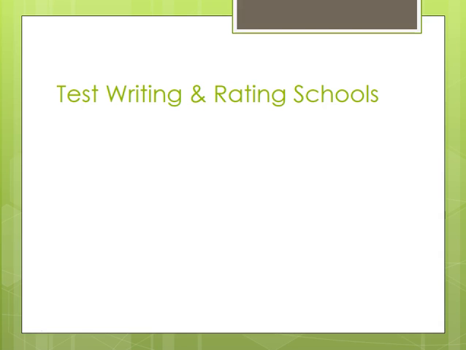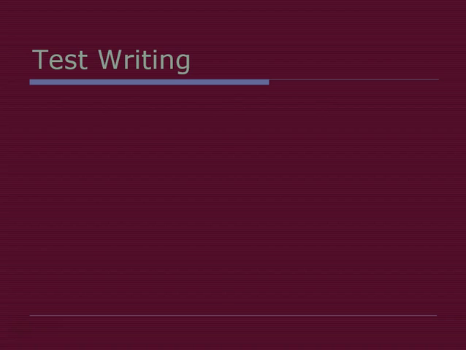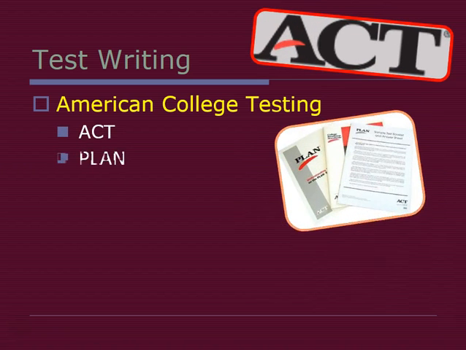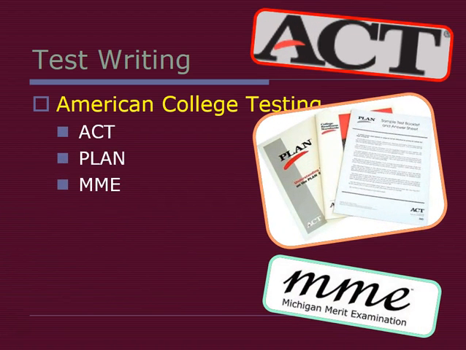Now, when it comes to test writing and rating schools, we're going to look at a couple organizations. There are a number of companies that are professional test writing companies. They specifically write test questions to try to avoid any bias that could be placed into the questions. The American College Testing Company, or ACT, is probably one of the most famous testing companies.